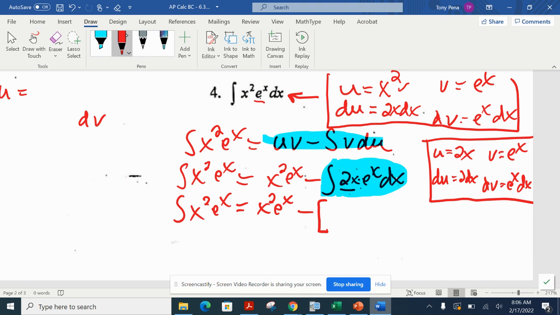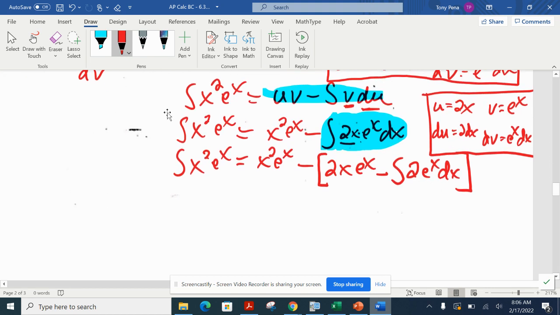So here's u, here is v. So that's going to be 2x e to the x minus the integral of v du. So again, v times du. v is e to the x. du is 2dx. I'm going to write that as 2 e to the x and then dx, and then I'm going to close that bracket off. That's how we make sure that this negative is going to get distributed to both terms.